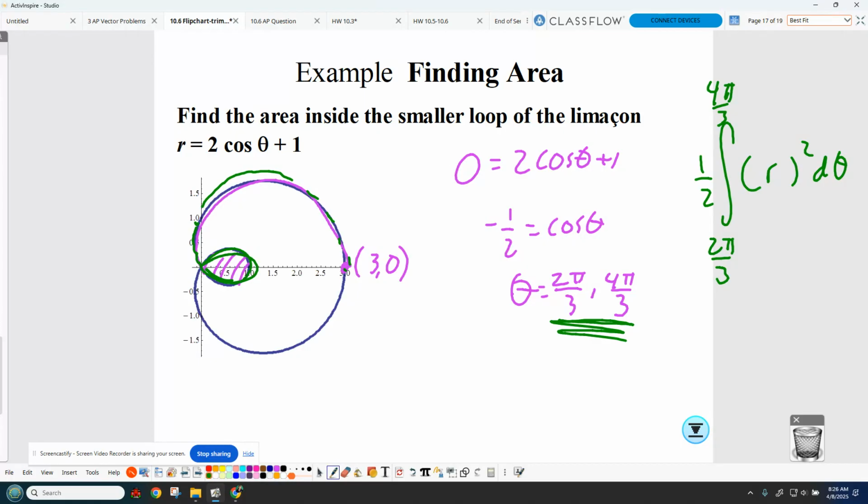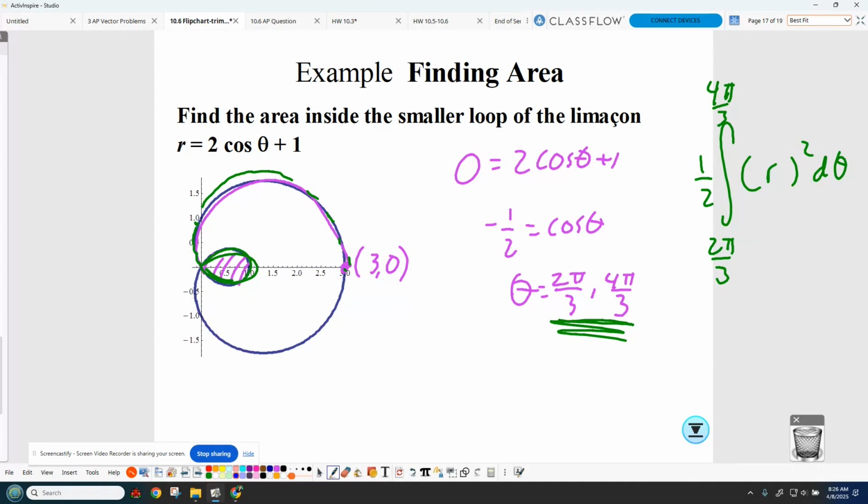There's a symmetry to it, so Cameron, can you tell me another equation that would also work that's a little bit more slick? Because of the symmetry? Could you just do pi over 3 to 2 pi?